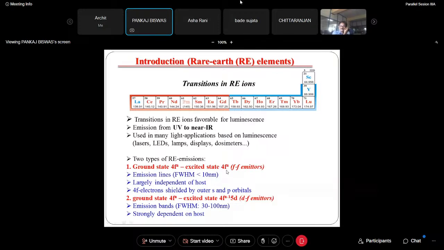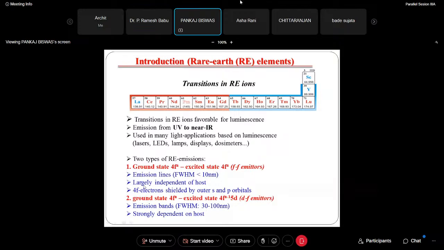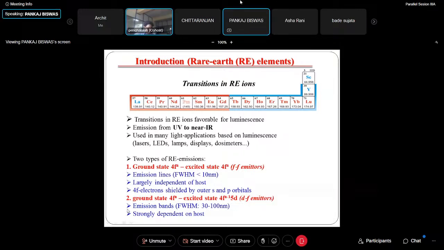One is the 4f transitions, which are very sharp emission lines having full width half maximum less than 10 nanometer, and largely independent of the host, because the 4f intra-shell configurations are shielded by the outer 5s 5p orbitals. And we also have the 5d-4f emitters, in which emission bands are quite wide and strongly dependent on the host. The host environment also influences these rare earth ions.